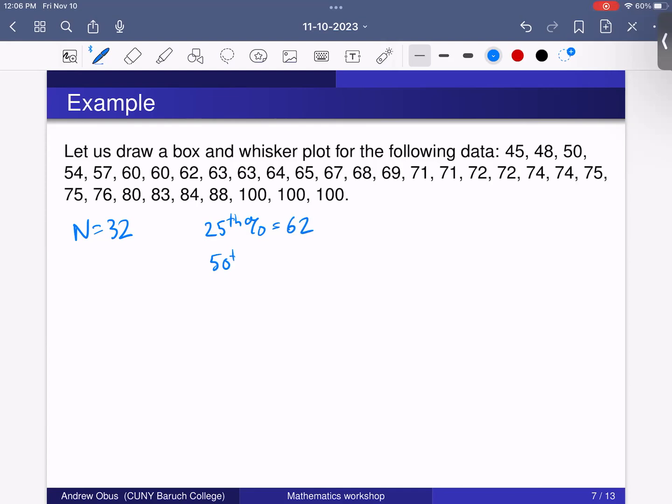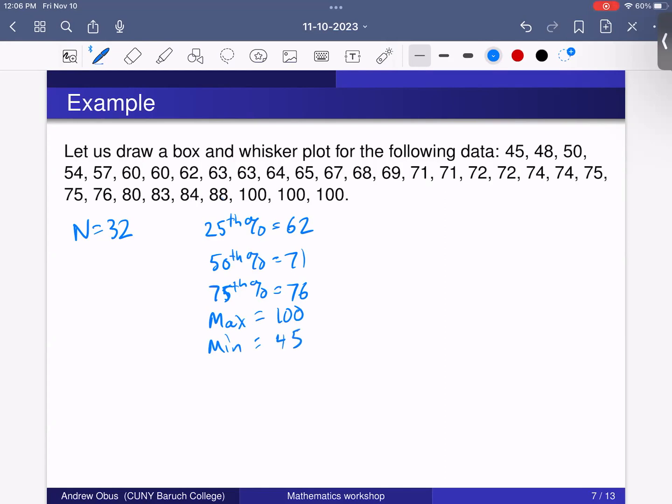The 50th percentile was 71, and the 75th percentile was 76. And then we also have the max equal to 100, and the min equal to 45.